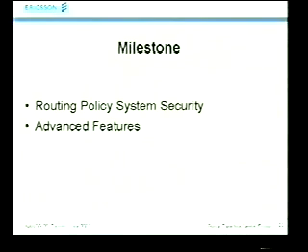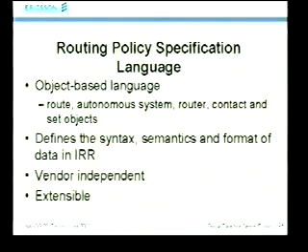And then routing policy, system security, and then some advanced features if we have time. So, let's look at the background. What is this routing policy specification language?